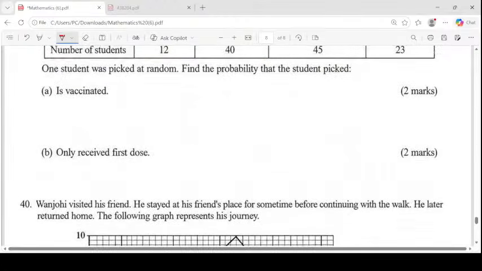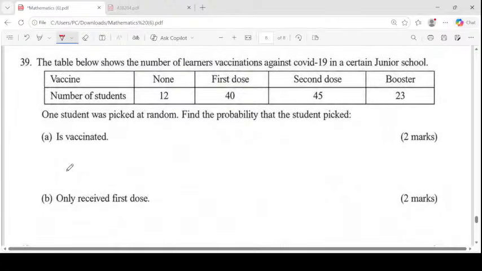Question number 39, which is the second last. The table below shows the number of learners vaccinated against COVID-19 in a certain junior school. One student is picked at random. Find the probability that the student picked is vaccinated. So we have the vaccines and the number of students.